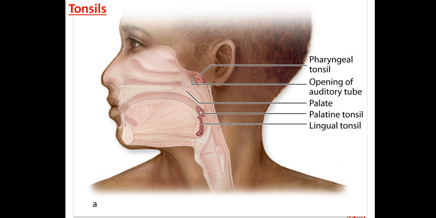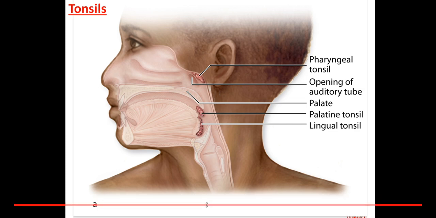While the other two tonsils, the palatine tonsil and the lingual tonsil, are located in the digestive part of the digestive tract. Therefore, the lining epithelium of them is stratified squamous epithelium, non-keratinized.